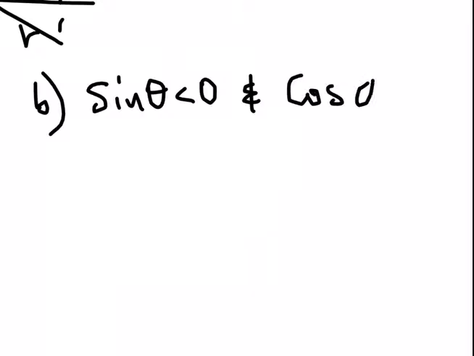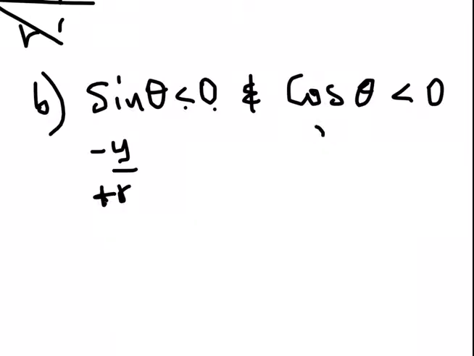Let's say cos of an angle is also less than 0. So your approach: sine is y over r. R is always positive. So for you to have a value less than 0, it has to be negative over a positive. It will definitely give us a negative y value.